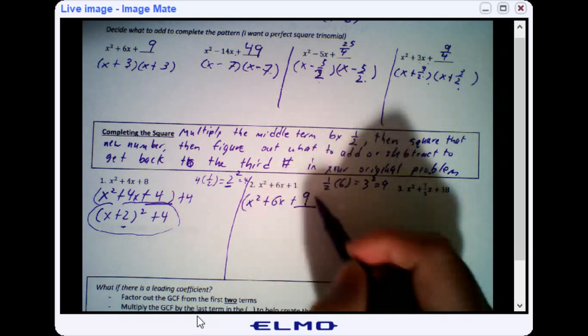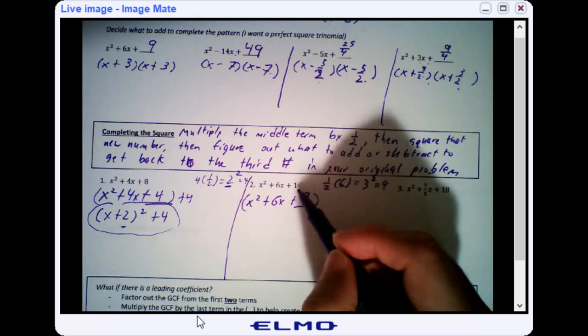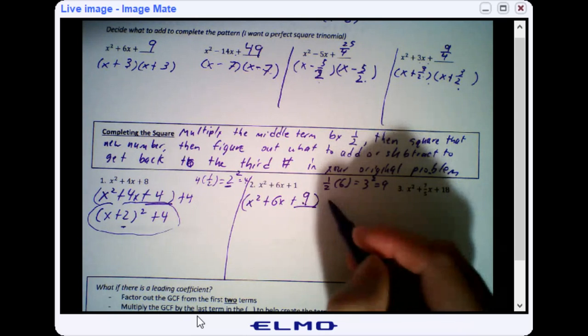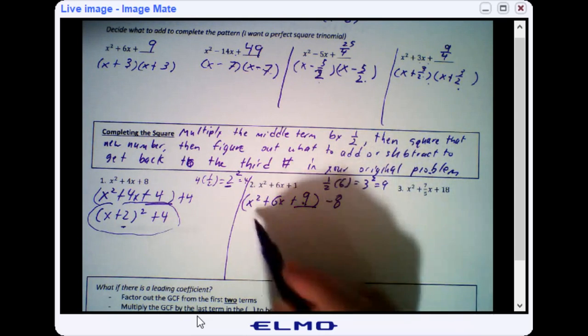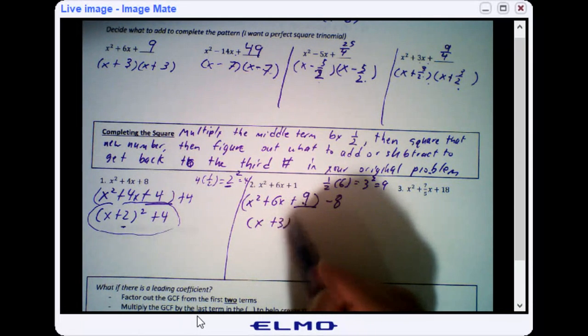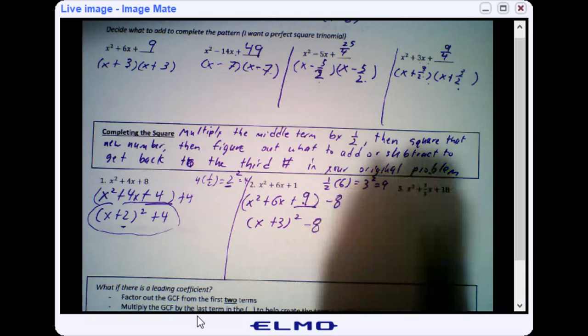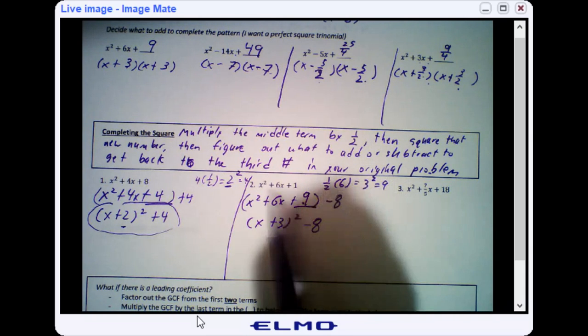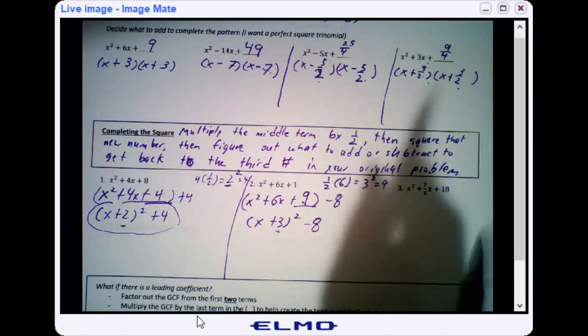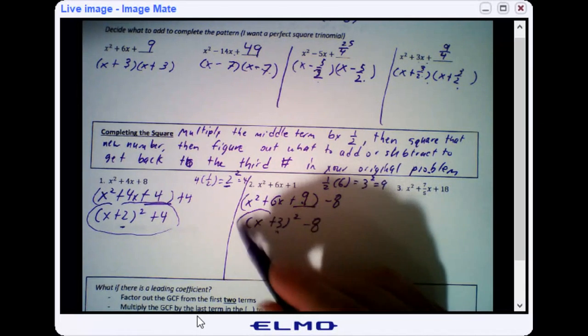Now, I'm at 9. I need to be at 1. So to keep it balanced, I'm going to subtract 8 from the outside. When I factor this, I know it's just going to factor into x plus 3, all of it squared, minus 8, because when I took 6 times 1/2, that gives me 3. I've completed the square here.